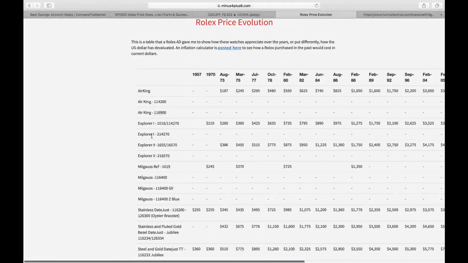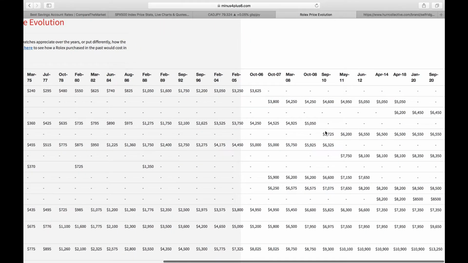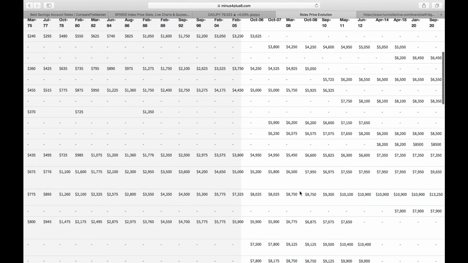They now have the Air King, the Explorer 2. Explorer 2 started off in September 2010 at $5,725 and is now worth $6,550. It's held its value for the last 3 years and is continuing to gain. Now if we look at this last comment, as you can see, Rolexes have only ever gone up in price.